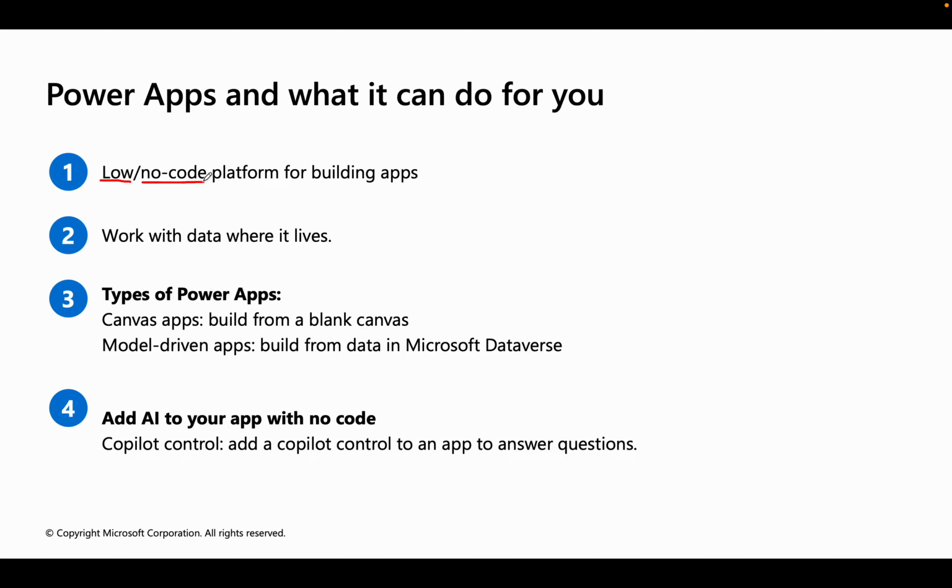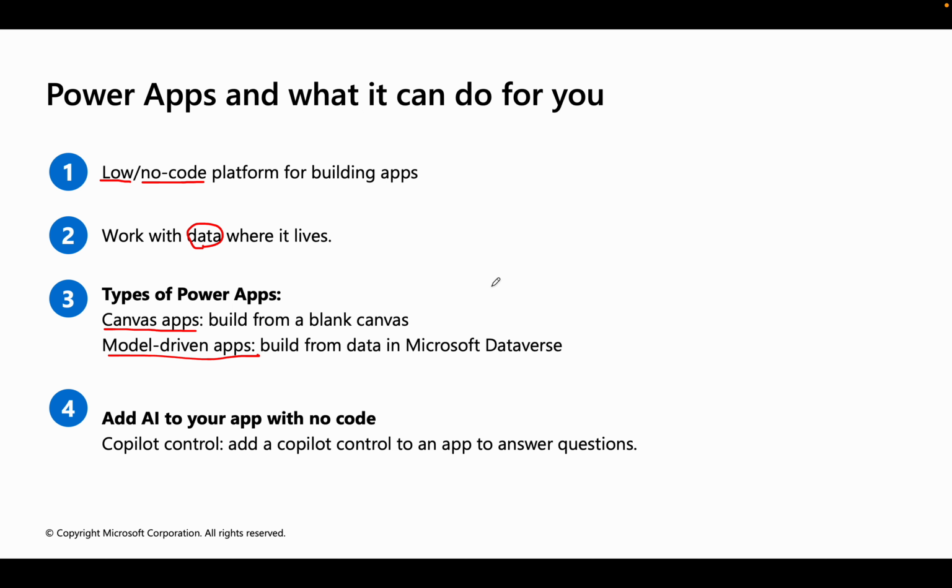You may work with data, so everything just starts from data, no matter if the data is in the database or from external sources. And there are two types of Power Apps: one is called Canvas app, the other one is called model-driven app.